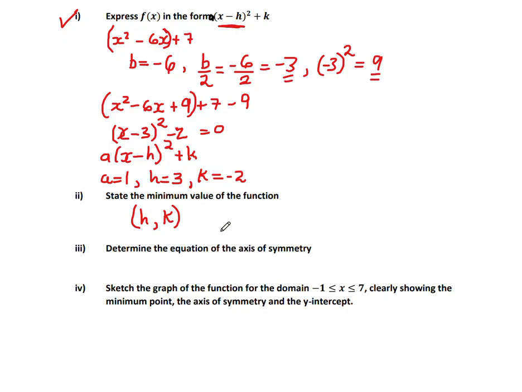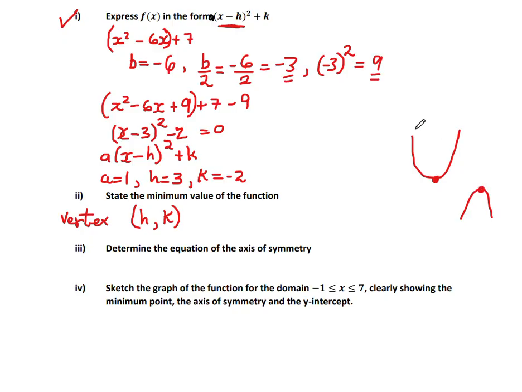Or if it's a maximum value, then we would still use hk. hk basically represents the vertex. So this is the vertex of the quadratic. The vertex is basically where the quadratic graph turns. So if the graph looks like this, the vertex will be right here. If the graph looks like this, the vertex will be right here.